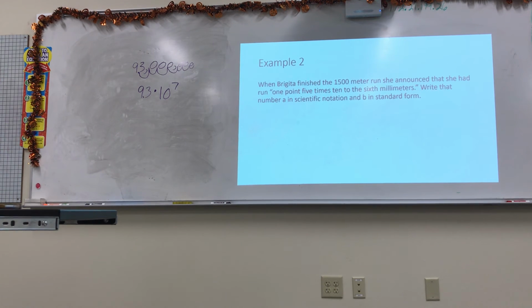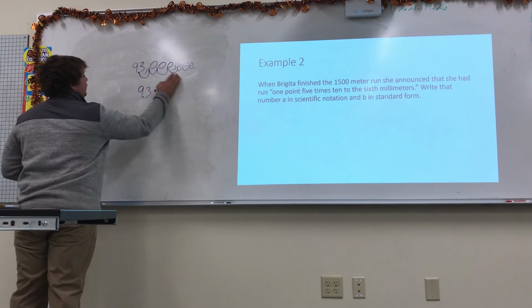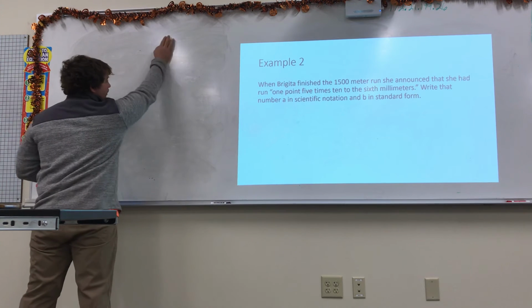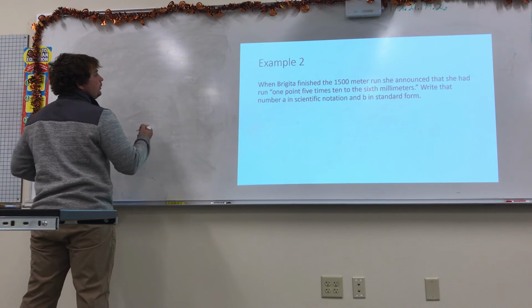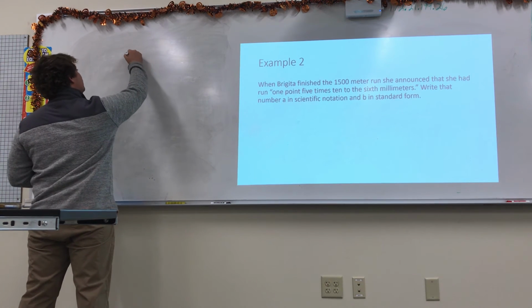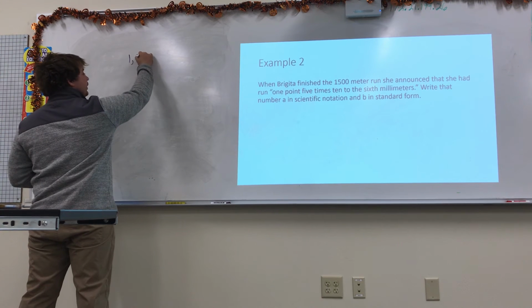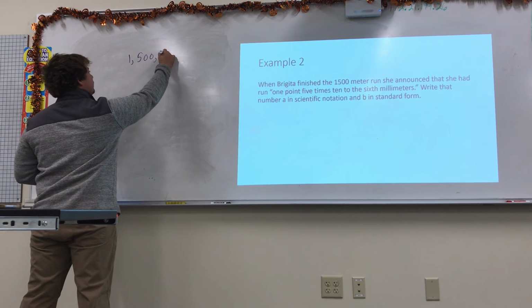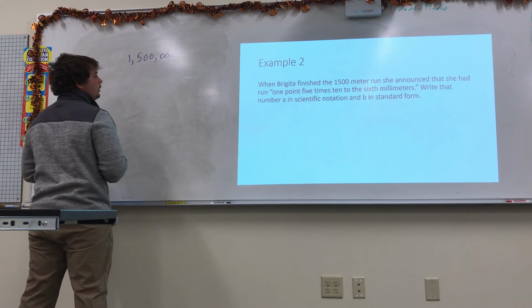So, first off, to write that in scientific notation, we started out in meters. So how much would you have to times to get to millimeters? You'd have to take it times 1,000, which is going to add 3 zeros to it.